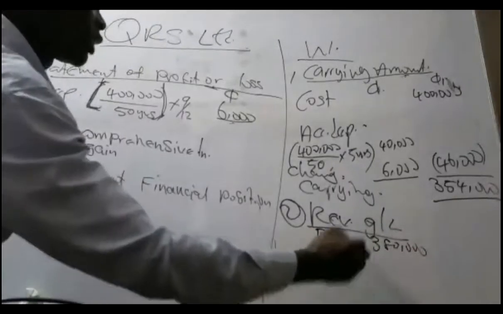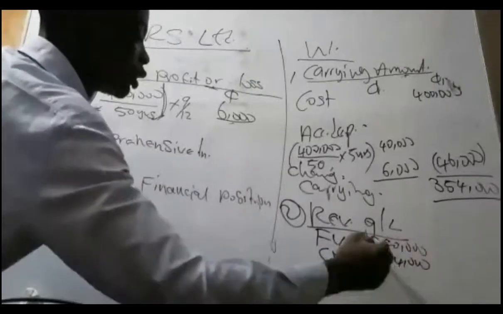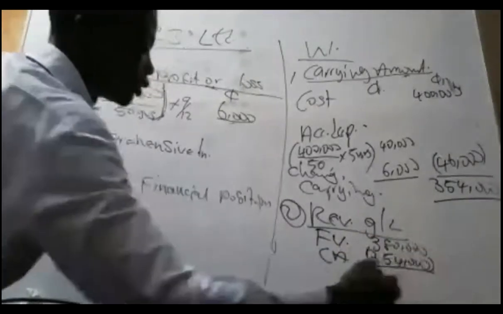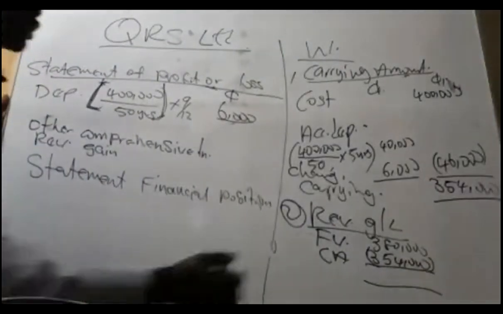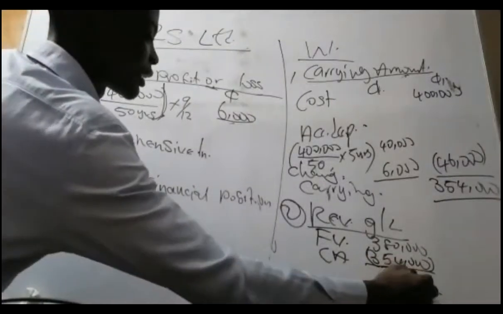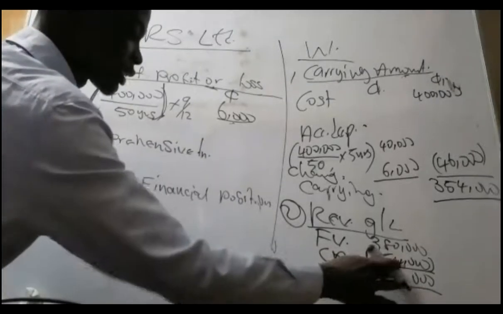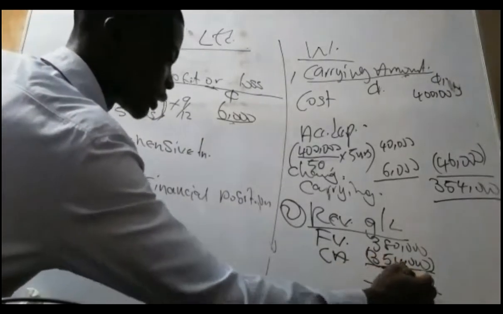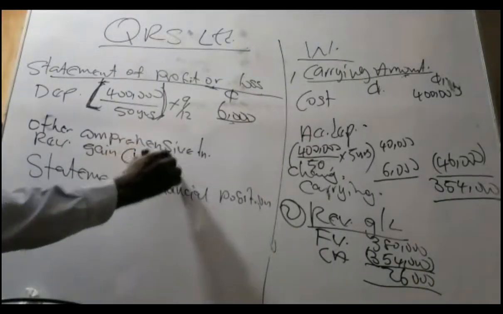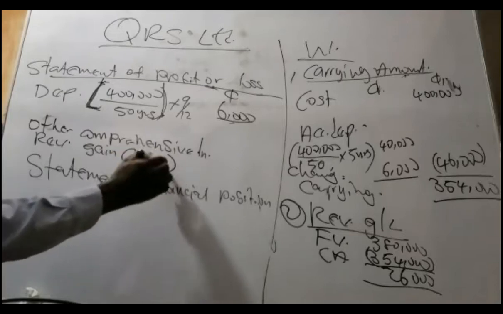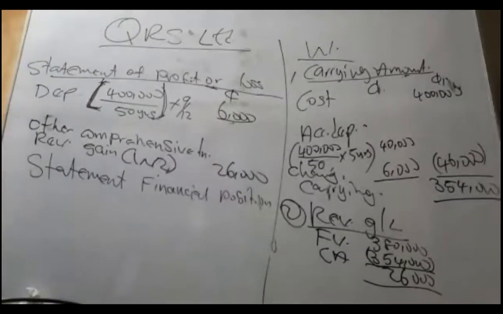The carrying amount, we've calculated it to be 354, put it in brackets. Therefore, a gain of 26,000 Ghana cedis must be reported. So the gain is 26,000 cedis. Good. So a gain of 26,000 must be reported in the OCI. We are done.